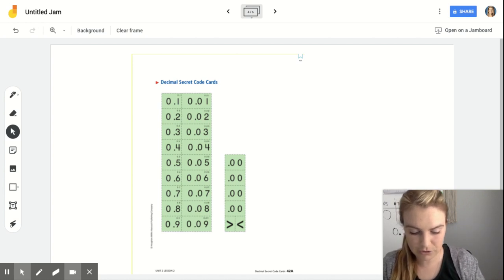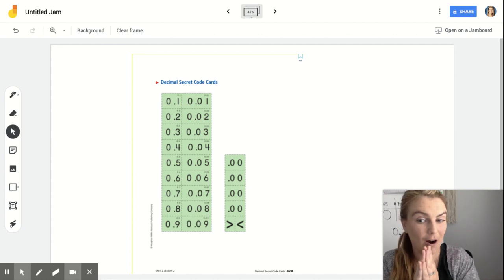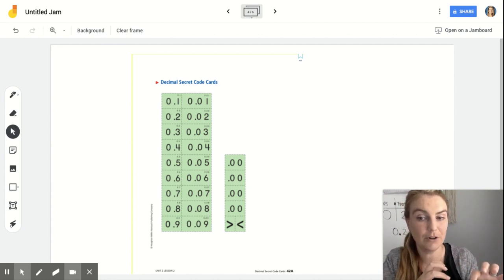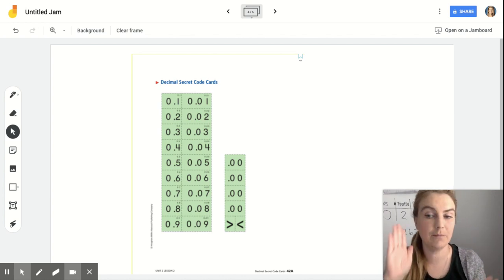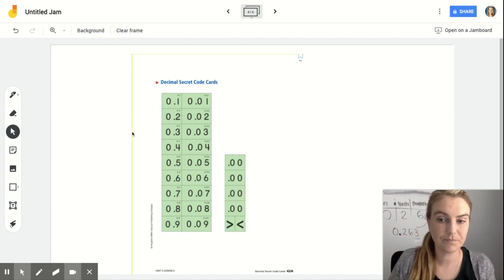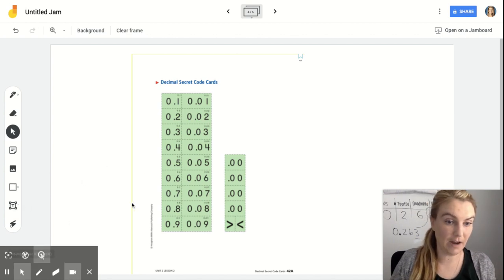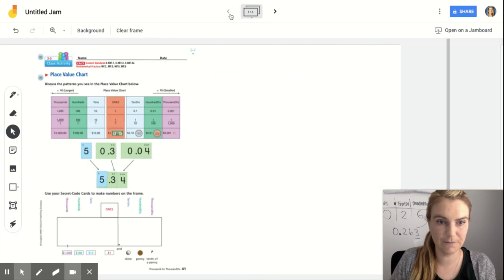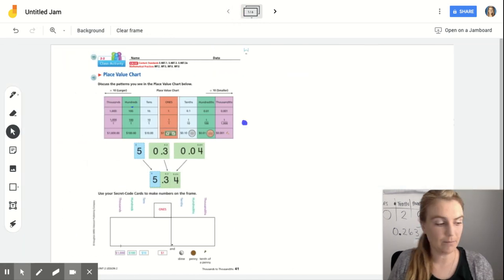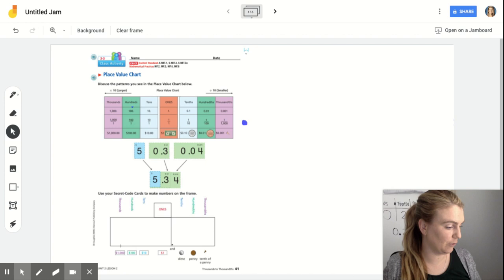And I'm going to have you search through and find some cards to create a number that goes along with something in our book. So again, press pause if you need to. And I'm all situated and organized, so I'm going to get started. My book is opened up to page 41.